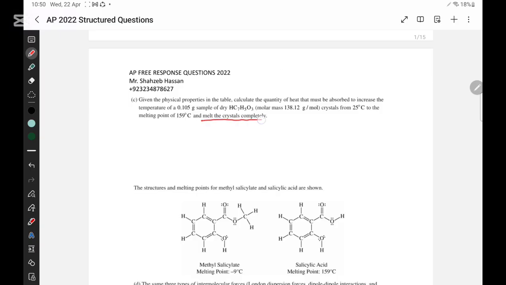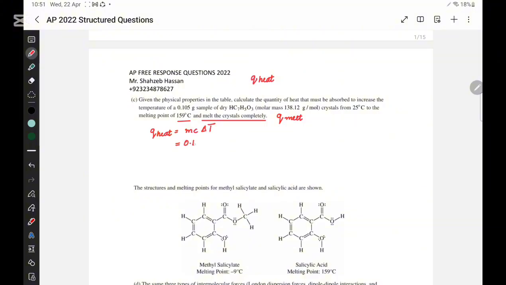For melting, we have another heat which is Q of melting. So we have to calculate two heats. One is to raise the temperature from 25 to the melting point, and the other is to melt the crystals completely. So for Q heat we need to use the formula mc delta T.